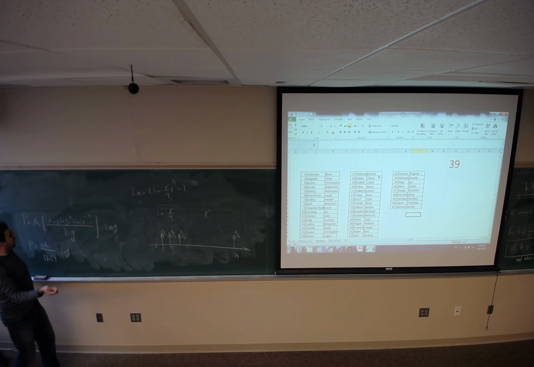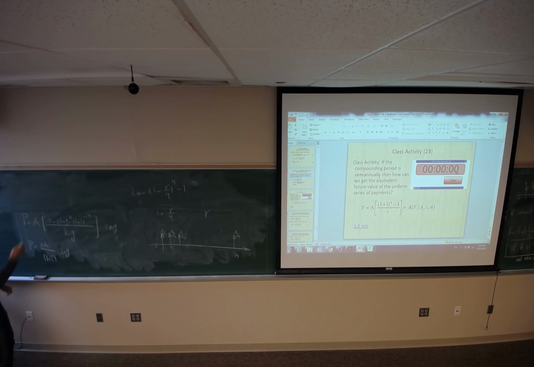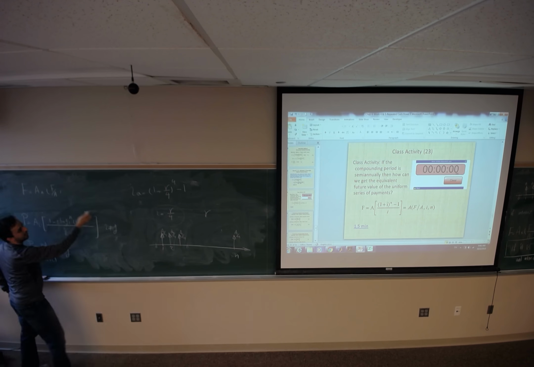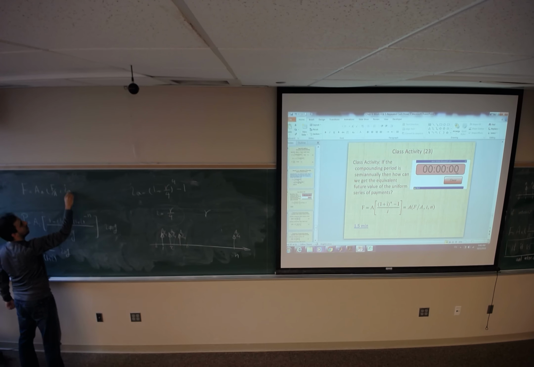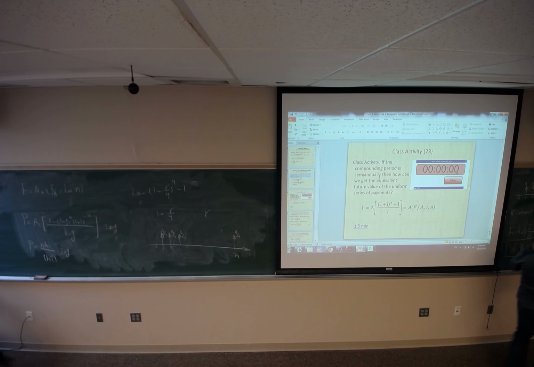And then use this equation, F equals A times F over A. I is not R, it's going to be IA. And N is going to be N, because the number of payments is not going to change. The only thing that should be updated is the time value or effective interest rate.